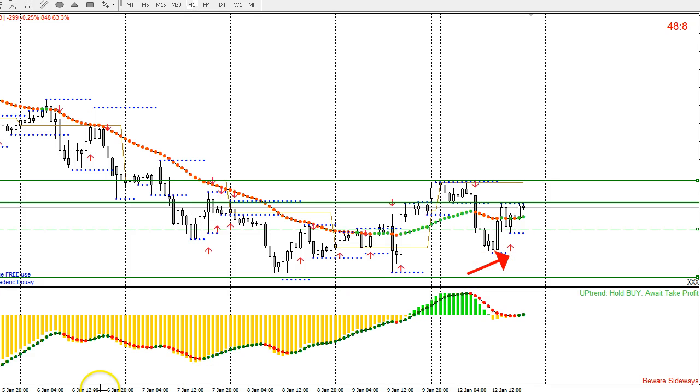So we're still going down so far, though we have to be aware of that level of consolidation. So this here and here and here, those are important levels to look for in the move.